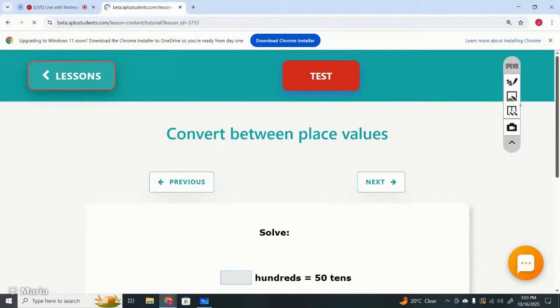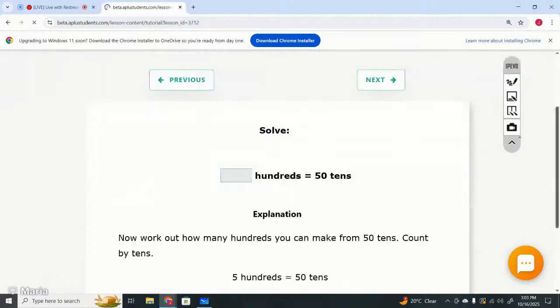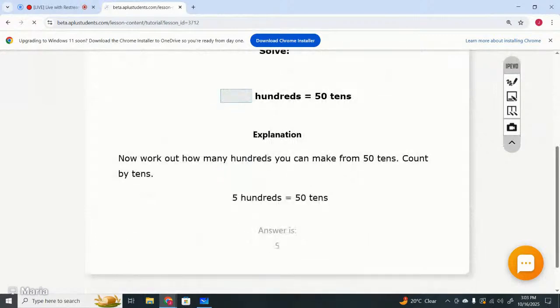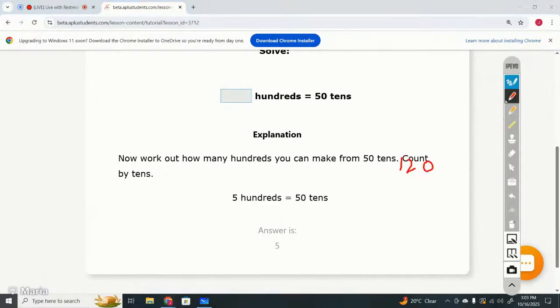Convert between place values. 50 tens equal how many hundreds? 50 tens means 500. In 100, we have 10 tens, right? So then 50 tens equal 500s.